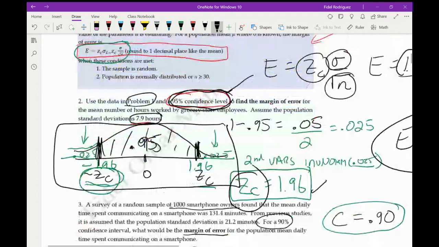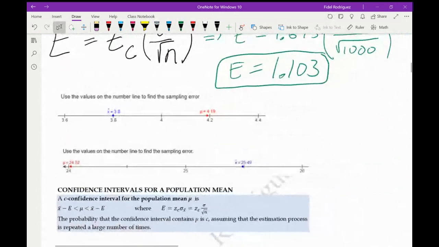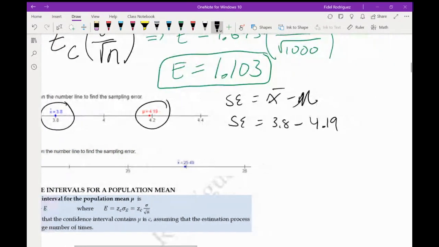So I'm going to scroll down here. Sampling error is going to be equal to x bar minus mu. Here's my x bar number, 3.8. Here's my mu number, 4.19.